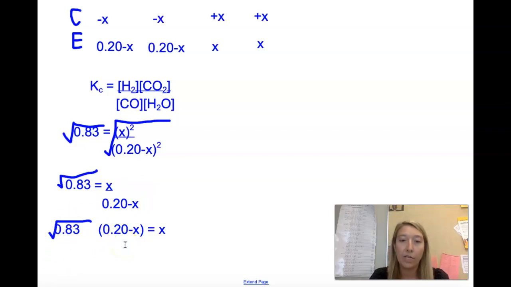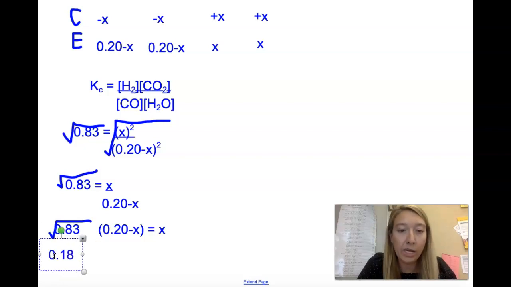So this is where I'm going to have to actually figure out what is the square root of 0.83. So we're going to do square root of 0.83 times 0.2, right? So taking this and multiplying it by this. Square root of 0.83 times 0.2, I get a lovely, beautiful number because that is chemistry.